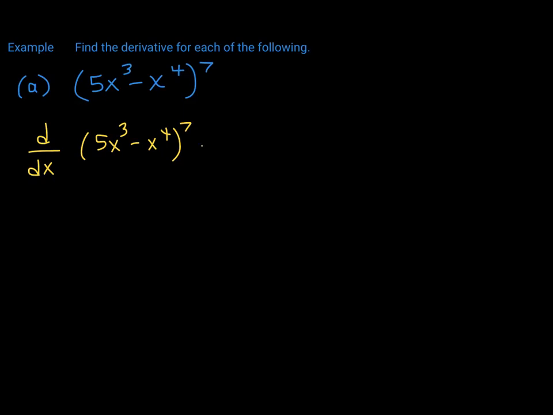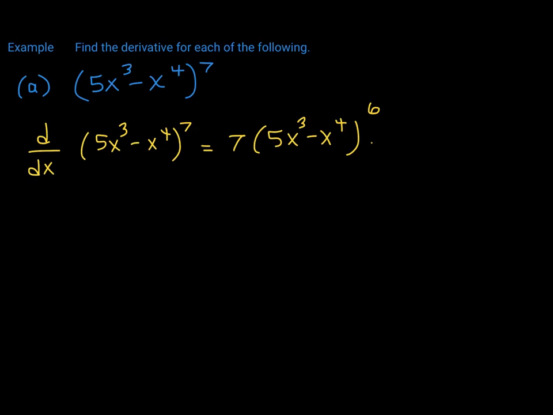This is equal to, by the power rule, the 7 comes down, and now 5x cubed minus x to the 4th is raised to the power of 7 minus 1, which is 6, times the derivative of the inner function.